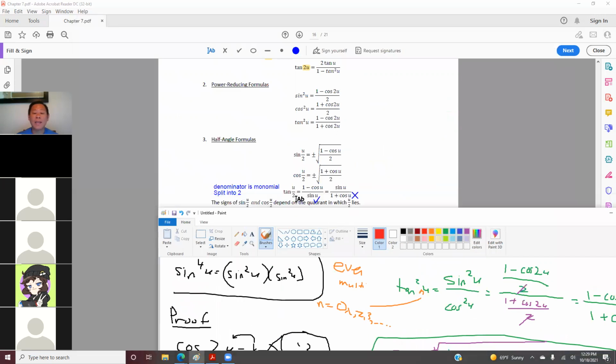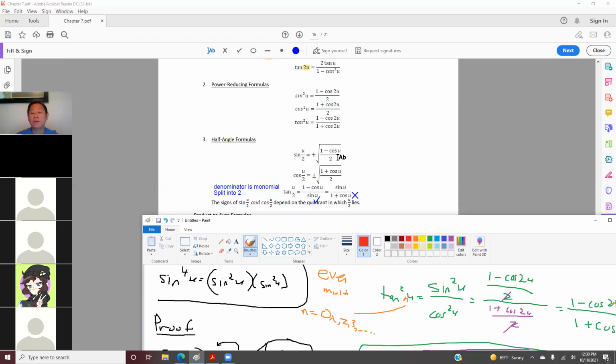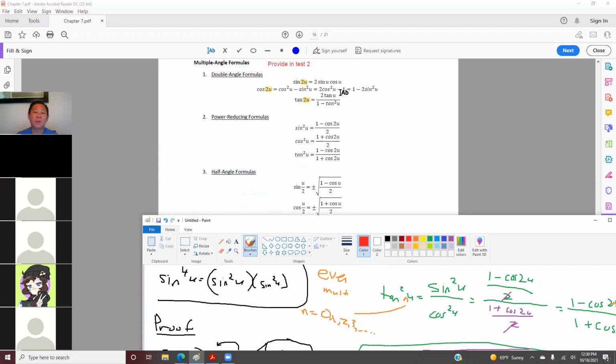And then for tangent, you divide these 2 up. When you divide these 2, you get 1 minus cosine over 1 plus cosine. After that, you do some work here, and if you multiply by the conjugate, you will end up with this formula here. So that's the reason why the half angle formulas use the power reducing formulas to prove them. And the same thing happens with the double angle.